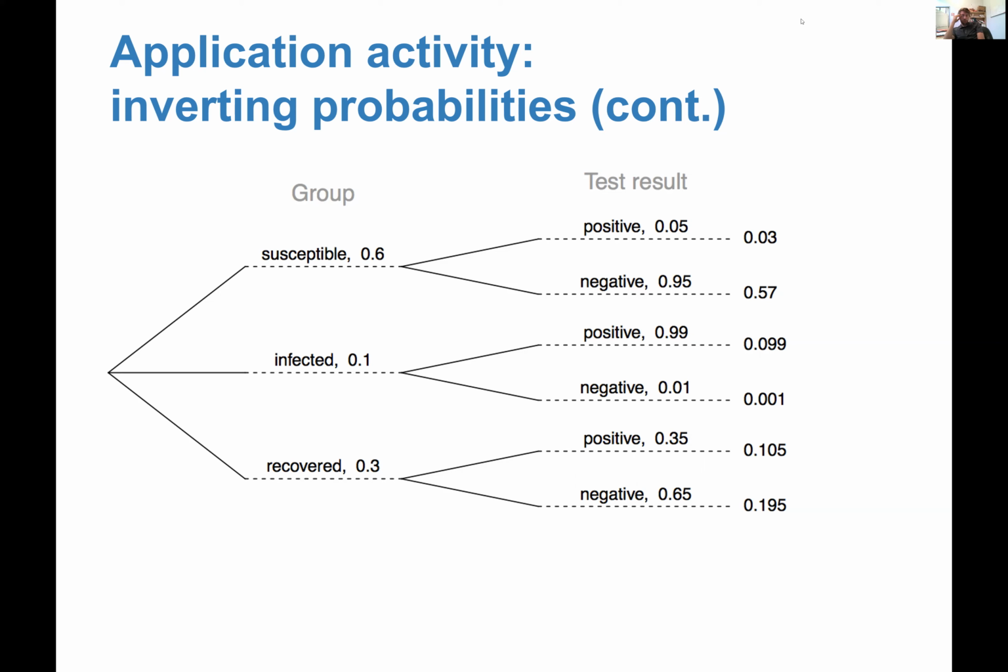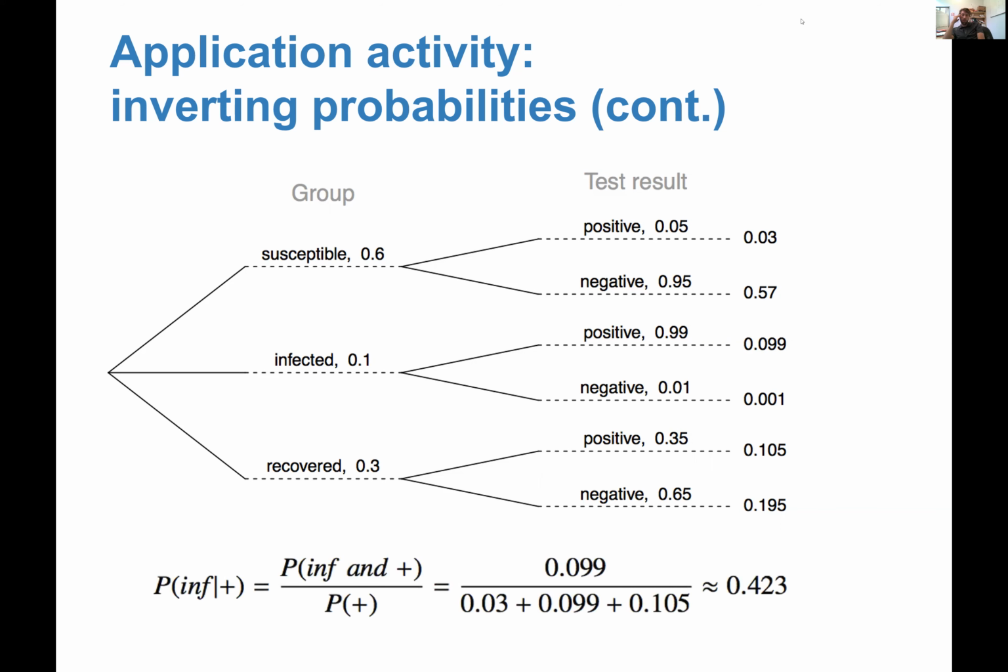Okay, so given that they've tested positive, what is the probability that they are actually infected? And so that would be the probability of infection and positive divided by probability of positive. So if you add up the 3 positives on the denominator, and then the probability of infected and positive on the top, that gives you your probability.